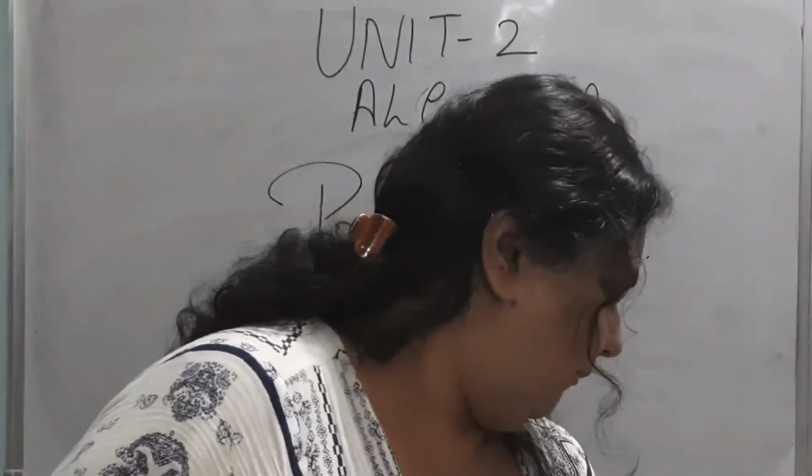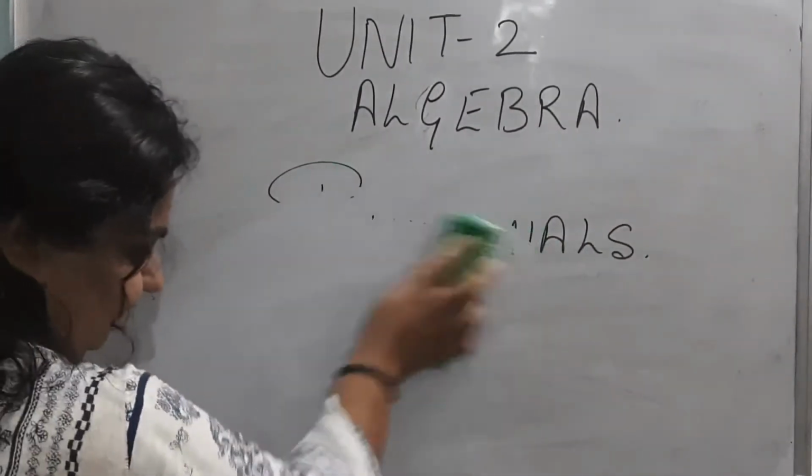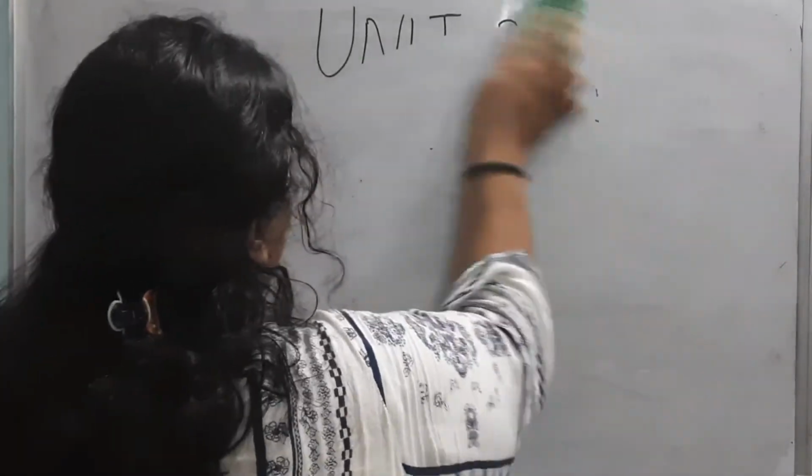So what are polynomials? A polynomial is an expression in which we combine numbers and variables.